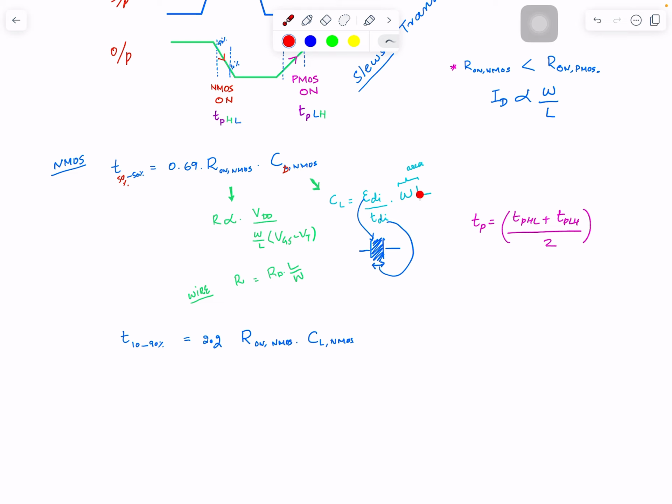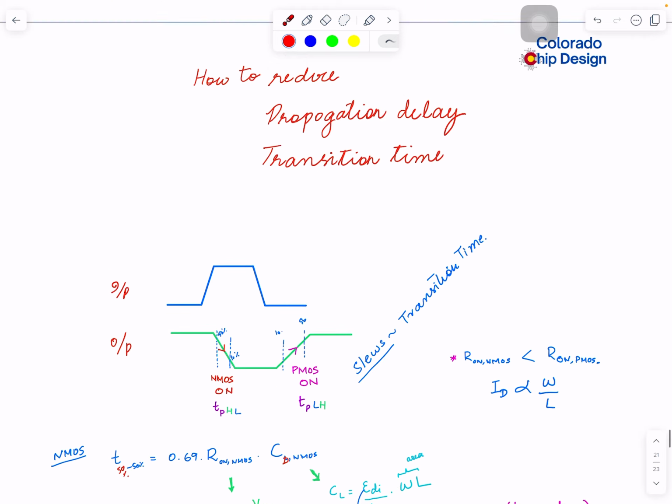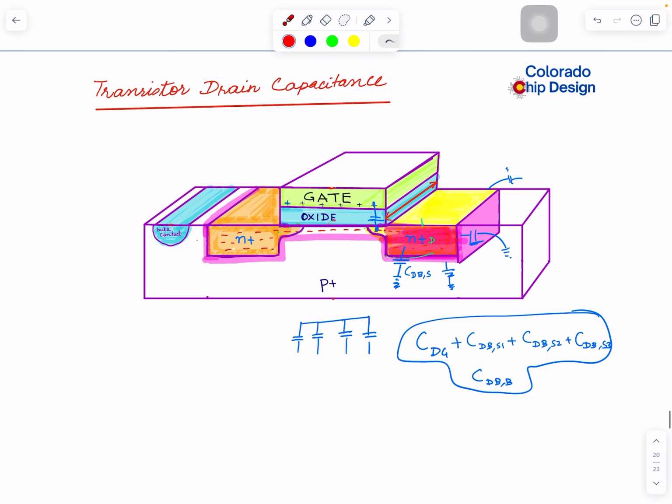Similarly, for the conductor I pick, the overall area is W multiplied by L. Remember this yellow diffusion thing which is behind the pink thing: if this overall area is smaller, it will have less capacitance. This is the width and this is the length, in this case not the length of the channel, but the length of the diffusion area.